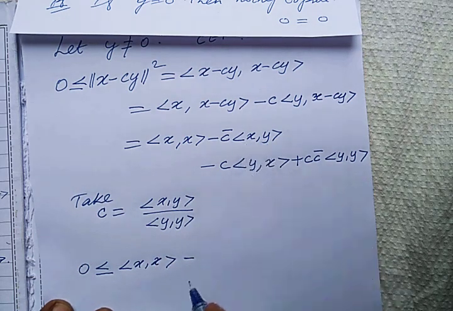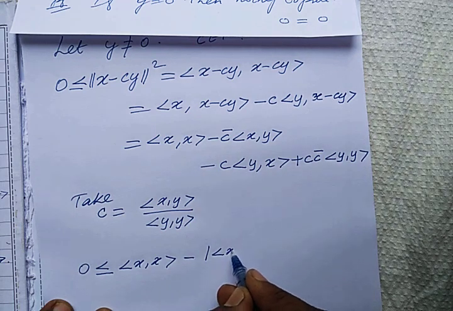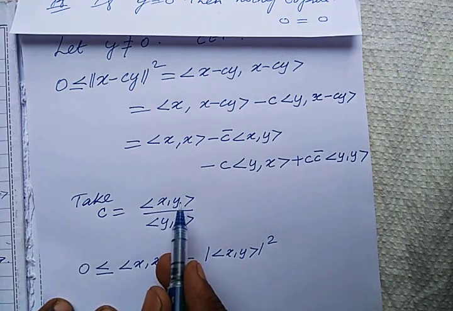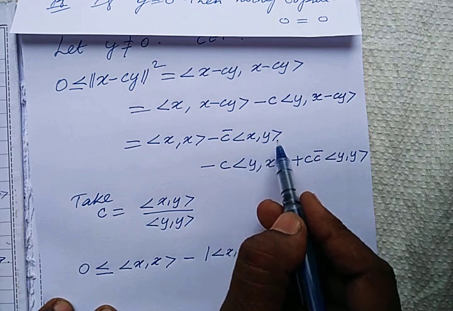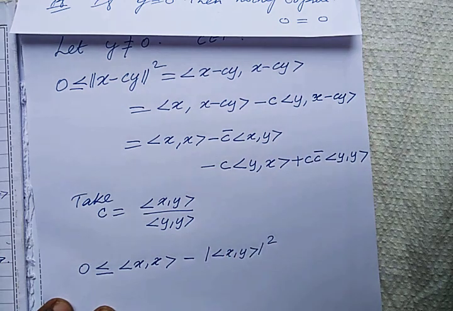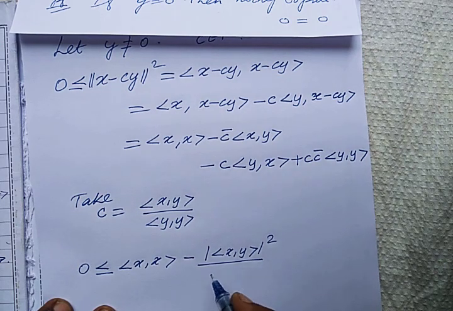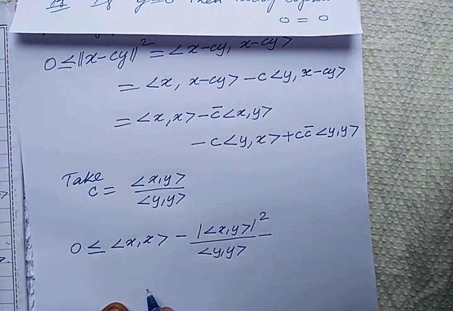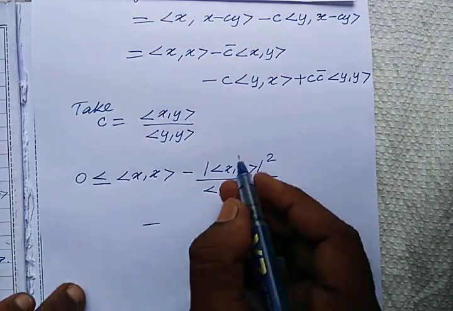Here already x comma y, so we get mod inner product of x comma y the whole square, because it's like z bar, so that is mod z square by inner product of y comma y, minus c.